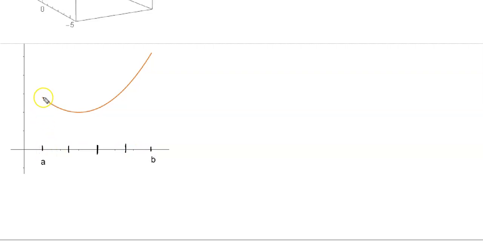And then we're going to plot the corresponding points here on the graph. And now we're just going to connect these dots with straight line segments.